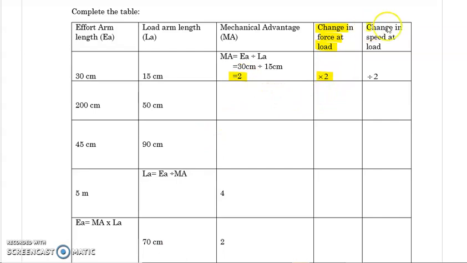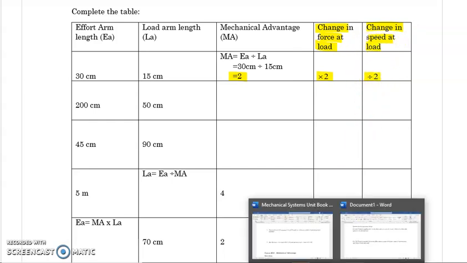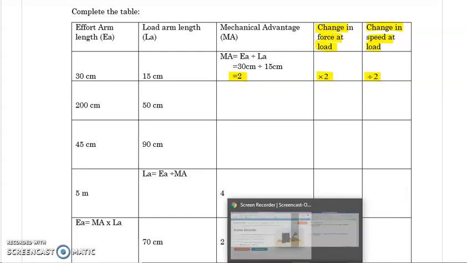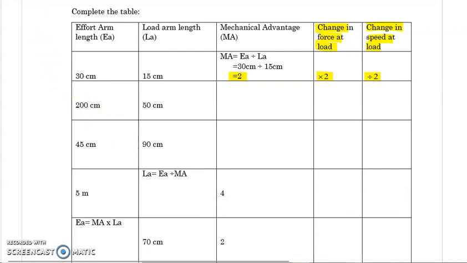However, the change in speed is always the inverse of the mechanical advantage. So mechanical advantage of 2 means you're gaining twice the amount of force. However, you are losing half, or divided by 2, of the speed. So give this a try. Pause the video, give this a try, and we'll be back in a moment.